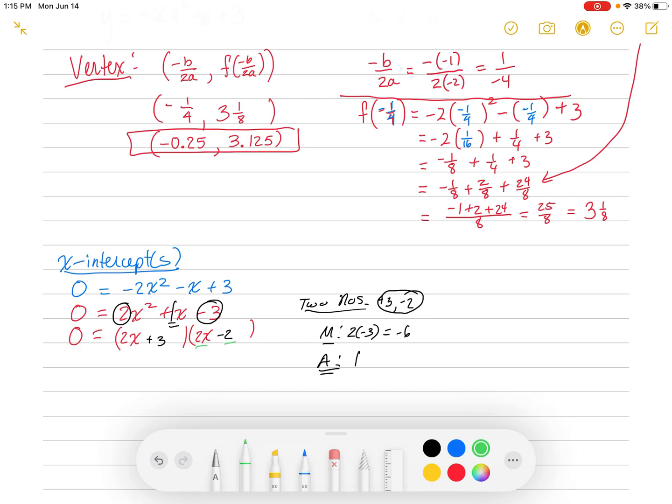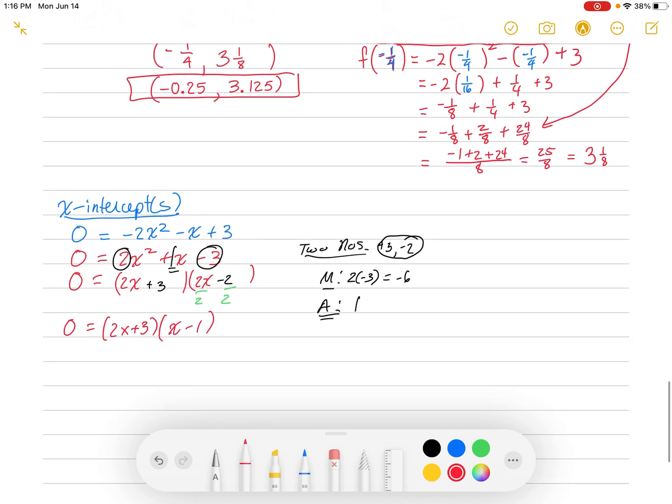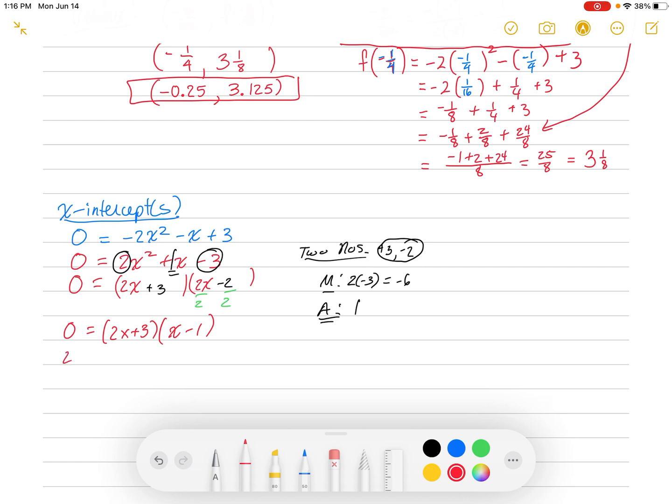And then you have to remember to divide out anything in common between each individual factor. So the first factor, the 2 and the 3 are not in common. Well, you can see here there's a 2 in common between the 2x and the minus 2. So you divide out a 2 there. So we're going to have 2x plus 3 is the first factor. That hasn't changed. But the second factor is going to be x minus 1. So we have 2x plus 3, x minus 1, and then you set each factor individually equal to 0.